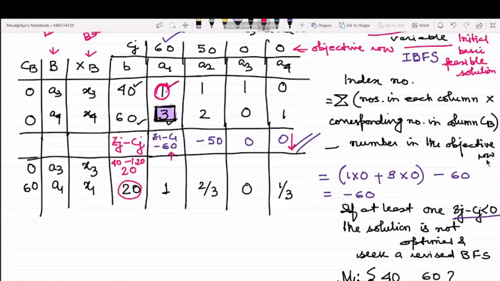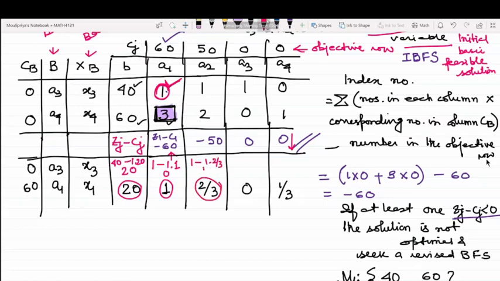How do we calculate this element? It was initially 1, minus this one into what we are getting right now, 1. How do we get this element? It was initially 1, minus this one into 2 by 3.